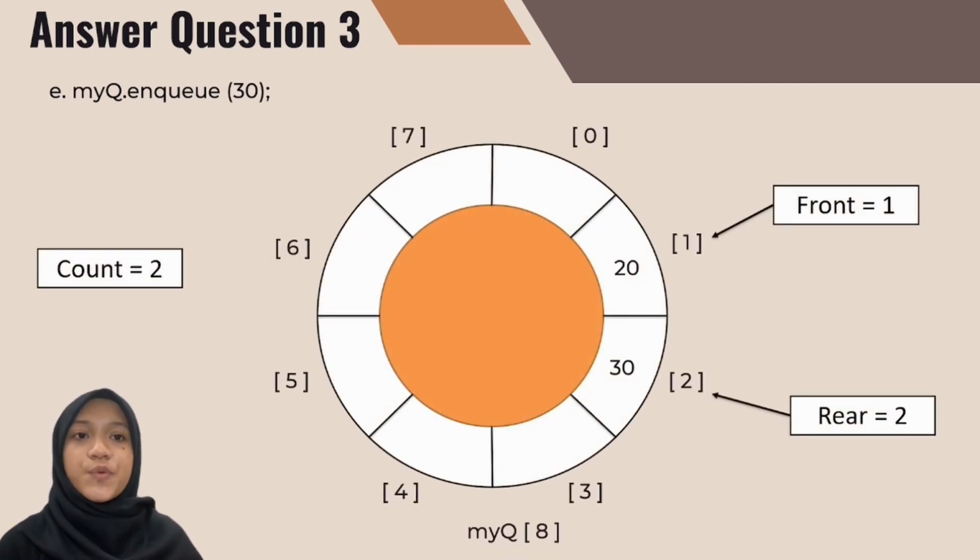So 30 will be inserted next to 20, which is in index 2. So the rear is now moved to 2. The front stays at 1. And the count now is 2 because there are 2 data in the queue now.